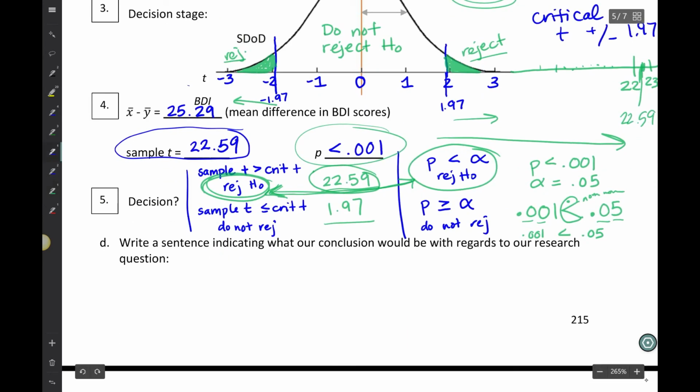So let's go ahead and wrap this up with writing a sentence indicating what our conclusion would be with regards to our research question.